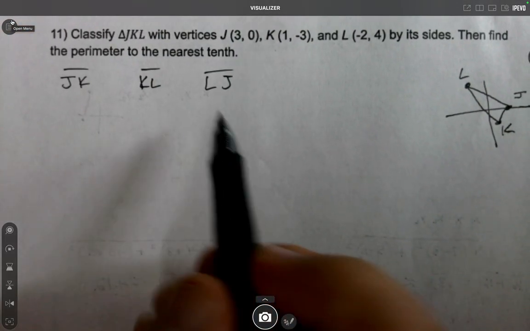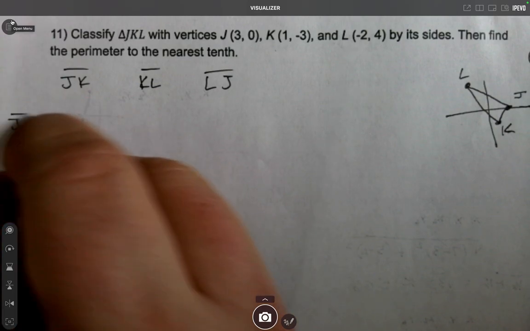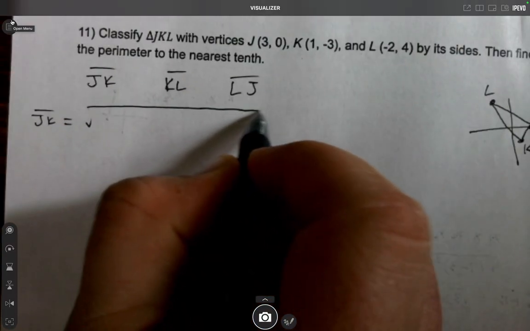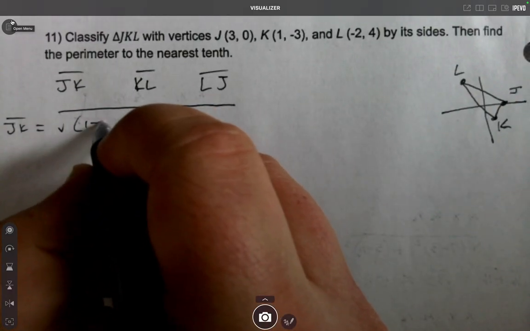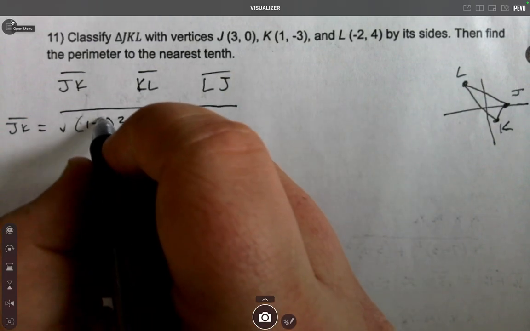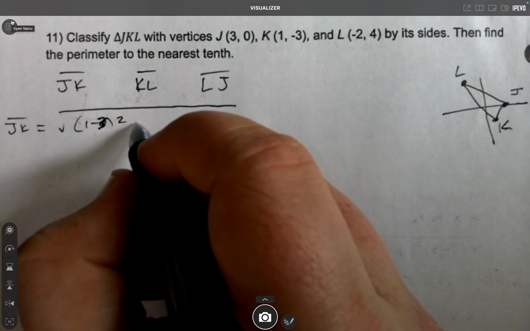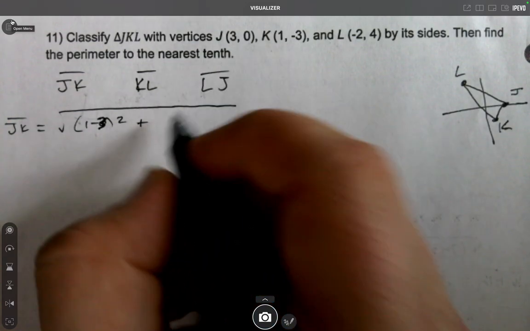For JK, we'll use these 2 points to do the formula. So 1 minus 0 squared, x2, 1 minus 3 squared, my fault. 1 minus 3 plus -3 minus 0.